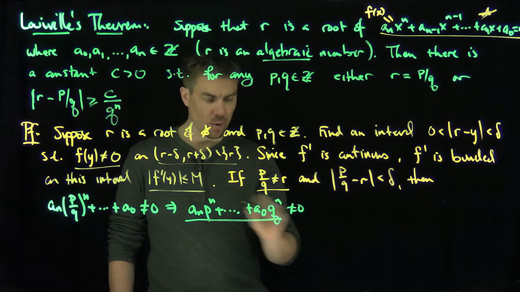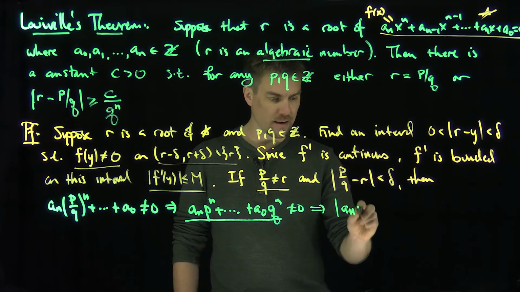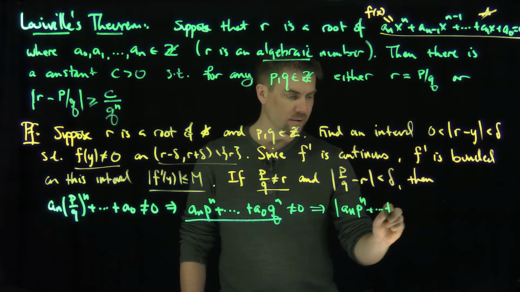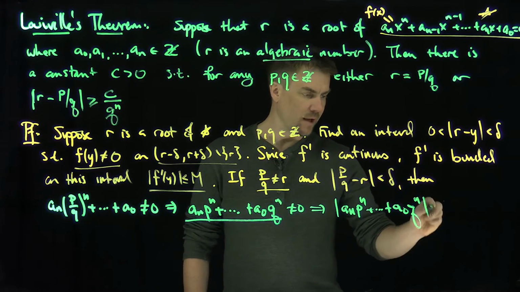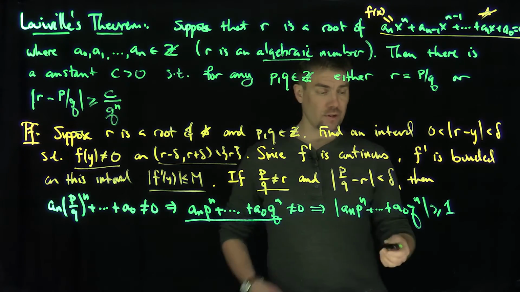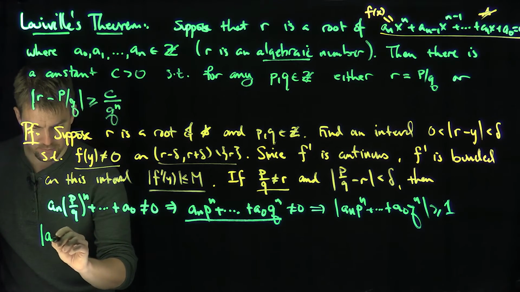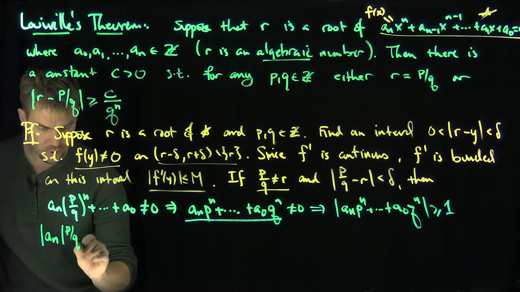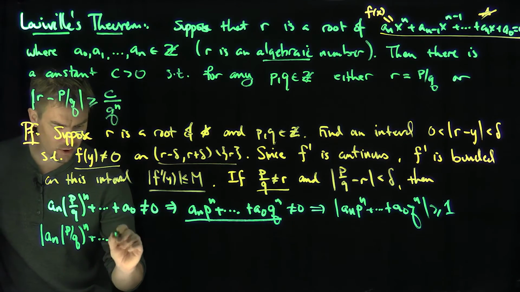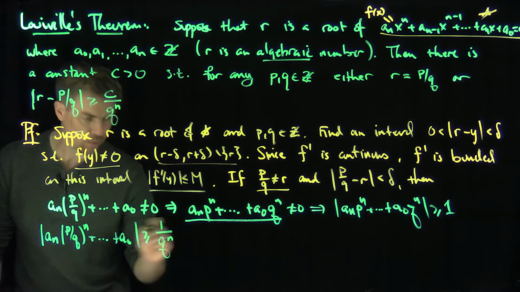But now, since p and q are integers, that is a non-zero integer, which means it has to be larger than or equal to 1 in absolute value. So |a_n p^n + ... + a_0 q^n| is bigger than or equal to 1. Now I can divide by q to the n again and conclude that |a_n (p/q)^n + ... + a_0| is bigger than or equal to 1 over q to the n.